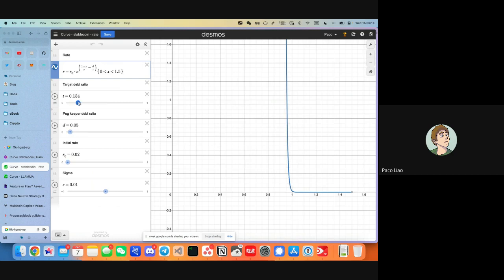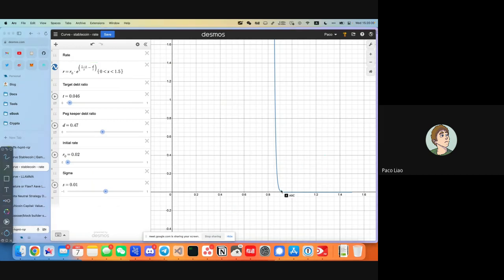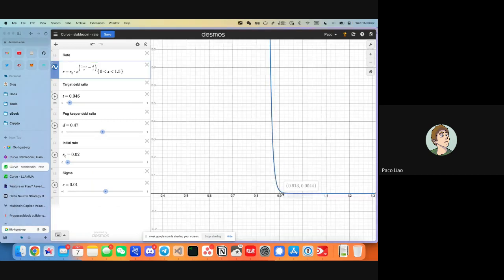And maybe if we change the target ratio, it will be different. And we can change this peg keeper debt ratio. Let's say the peg keeper debt ratio is 47%. In the situation when the price goes down to 0.9, the rate starts increasing rapidly.